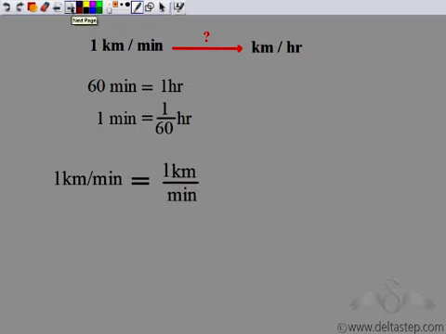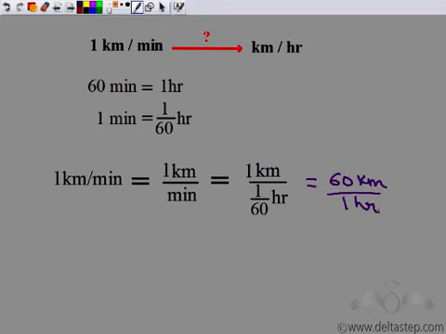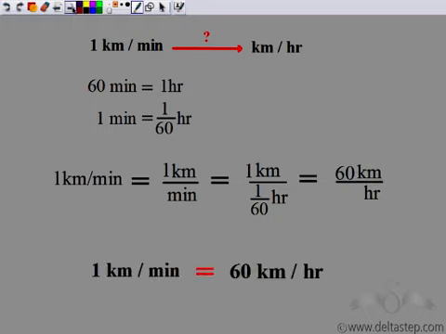Now I know that 1 minute is 1 by 60 hour. So I can replace 1 minute by 1 by 60 of an hour. So I get this, which gives me, dividing the two, 60 kilometers by 1 hour, which is nothing but 60 kilometers per hour. So I get that 1 kilometer per minute is equal to 60 kilometers per hour.